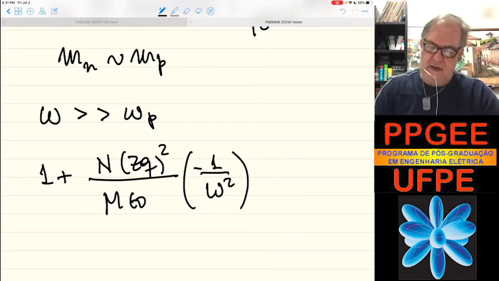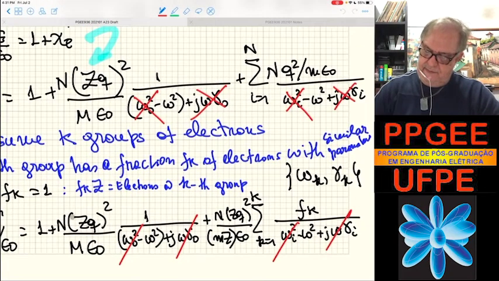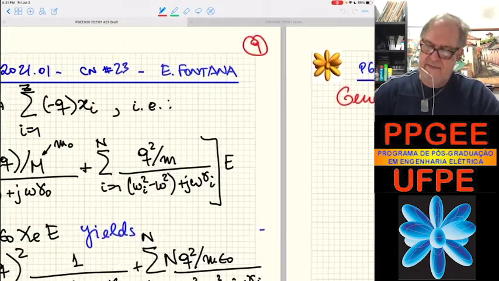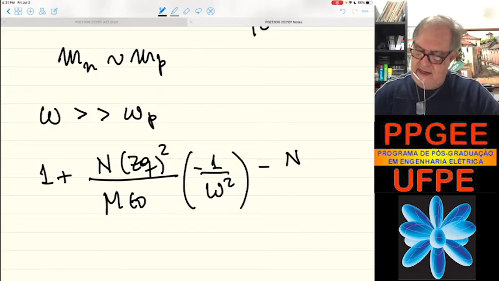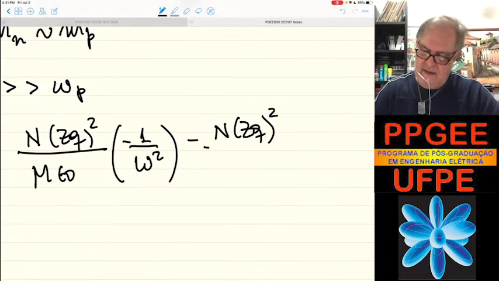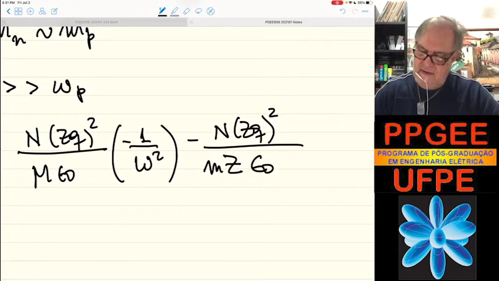The other term is mzq squared over mz epsilon 0, which is 1 minus omega squared, so minus mzq squared divided by mz epsilon 0 times 1 over omega squared.